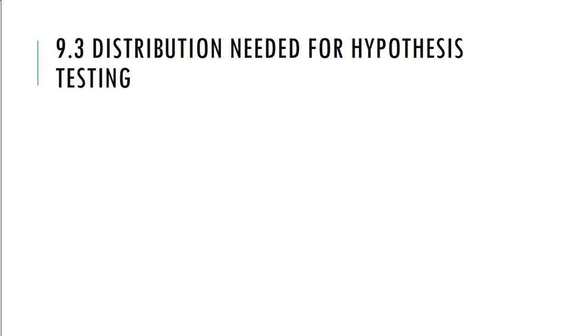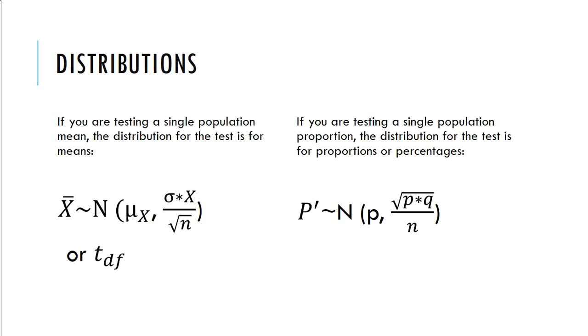So let's talk about the 3 types of distribution needed for hypothesis testing. When we write our distributions, if you're testing a single population mean, the distribution for the test for the mean is X bar tilde N, and in parentheses, the mean, comma, standard deviation divided by the square root of n, or T with the degrees of freedom.